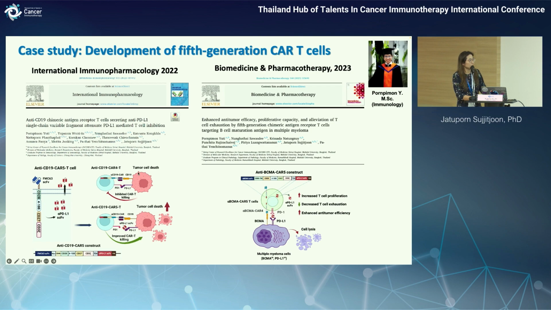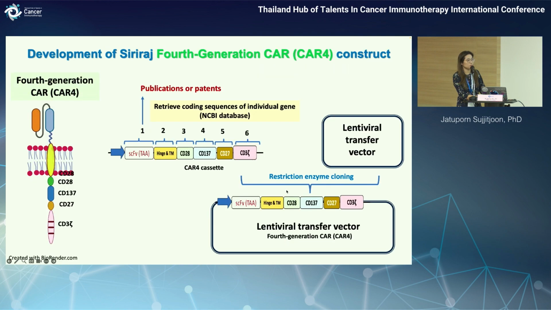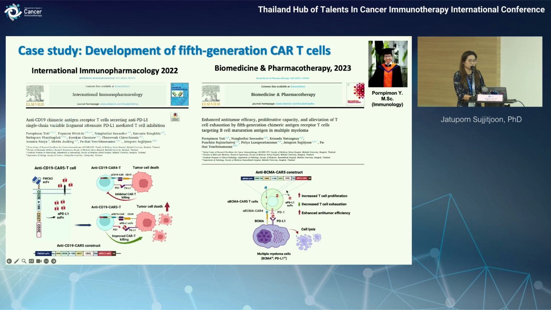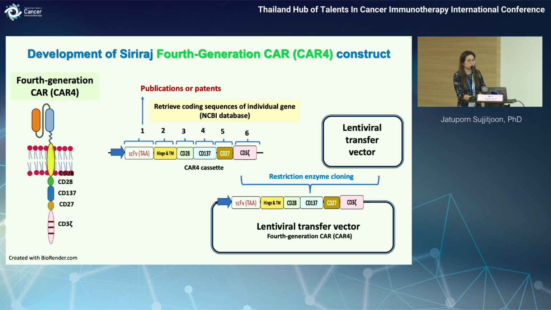In another paper, we also created a 5th generation CAR targeting BCMA antigen for multiple myeloma cell lines, and we have proof of concept that it worked well in vitro to kill the cancer. The property of this CAR T cell also promotes T cell proliferation and can decrease the exhaustion of CAR T cells.